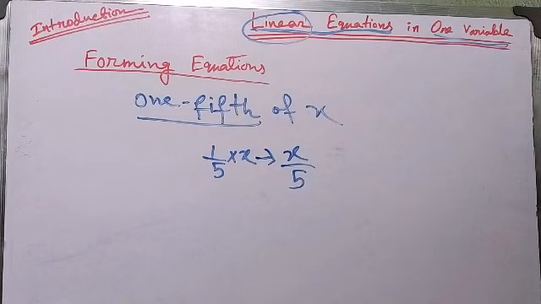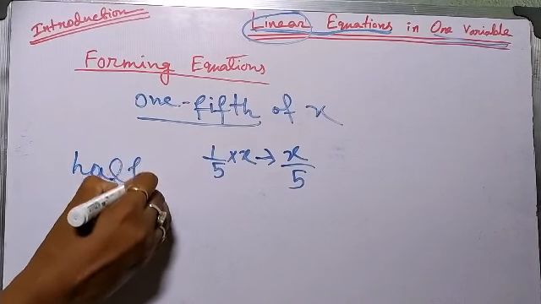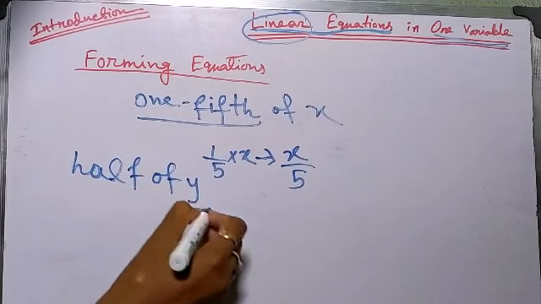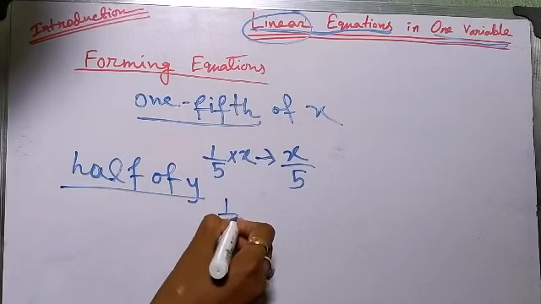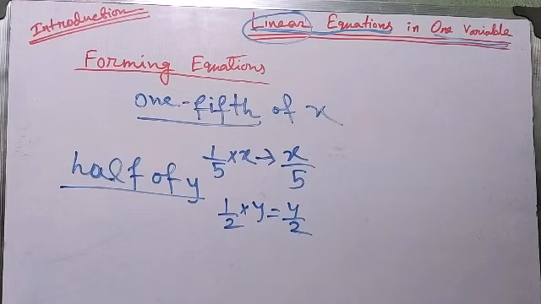So if any fractional form is given, it will be this type. Suppose half of y. Half of y, that means what? Half means 1/2 into y, that means y by 2. So this is fractional form.